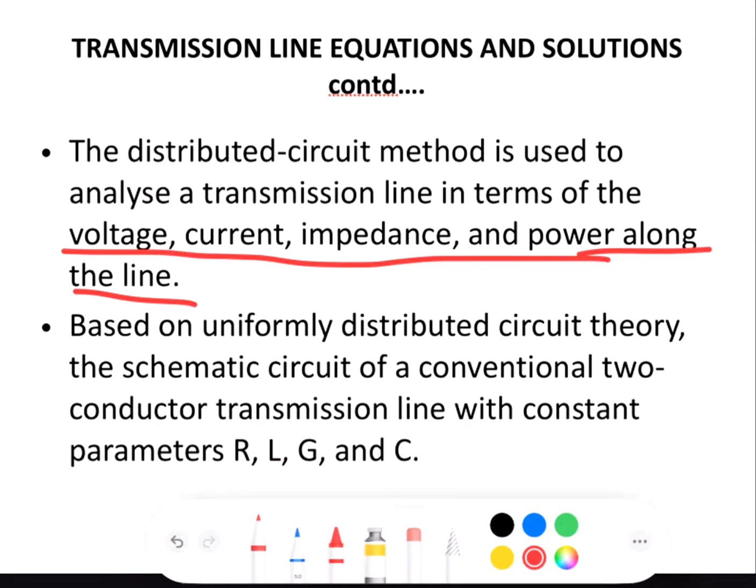The important parameters that we are going to analyze are voltage, current, impedance, that is Z0, and power along the transmission line. So we consider the schematic of the conventional two-conductor transmission line with constant parameters R, L, G and C.